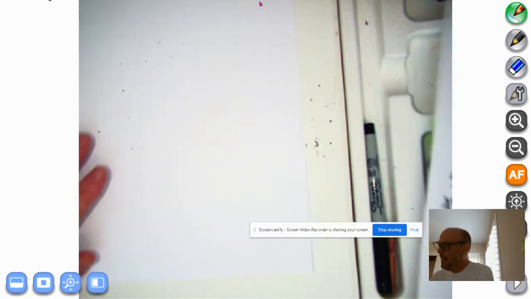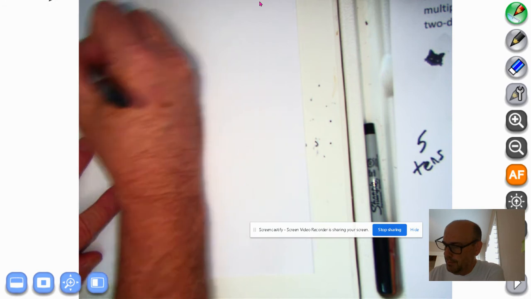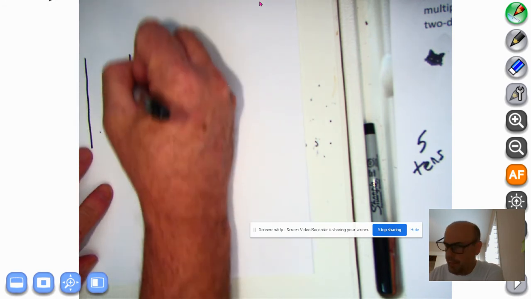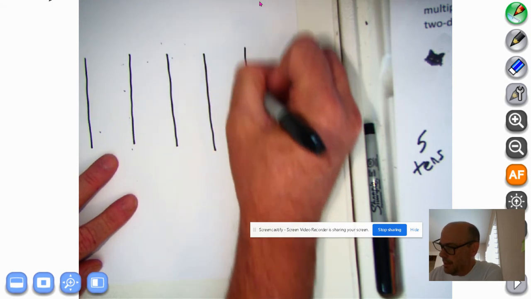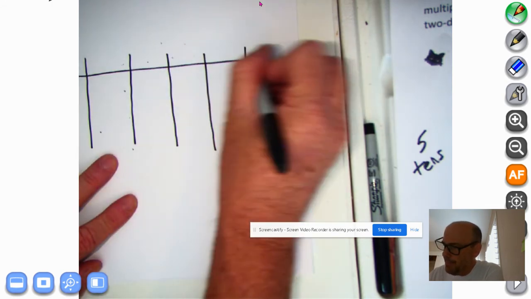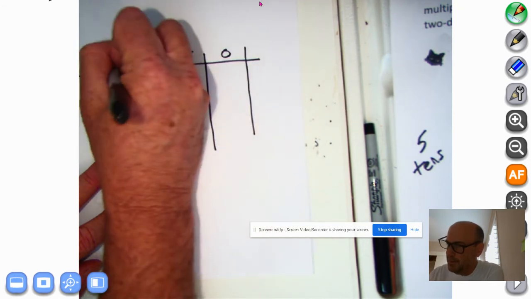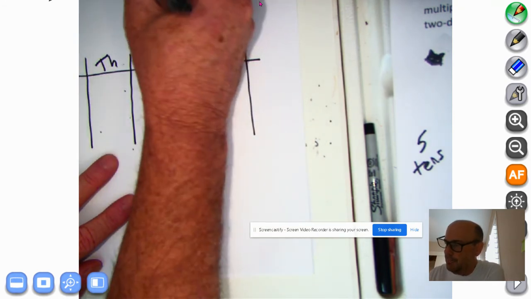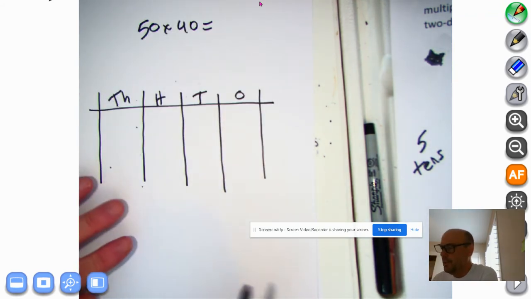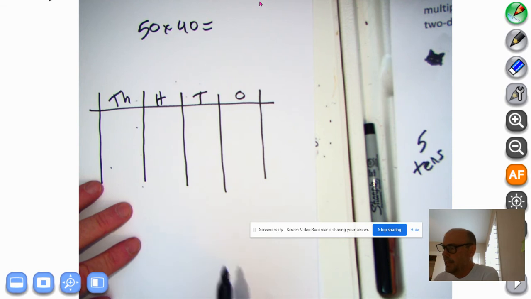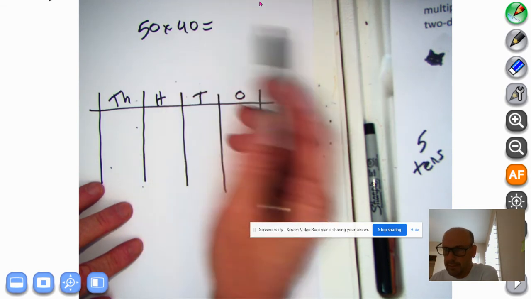Let's make a place value chart. And watch this. This was kind of interesting, I thought. Eureka Math always has some interesting things. Let's make the place value chart going all the way up to the thousands. It would be ones, tens, hundreds, thousands. We're still looking at 50 times 40. What does it equal? We're going to break this down a little bit and show that 40 is 4 tens, right?